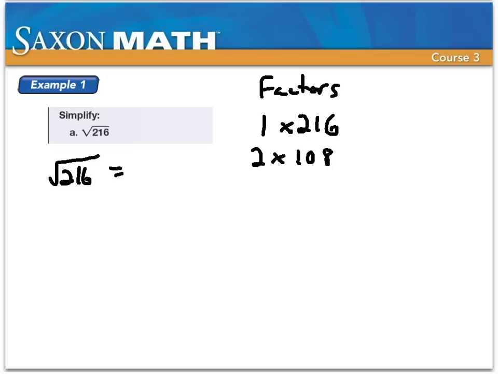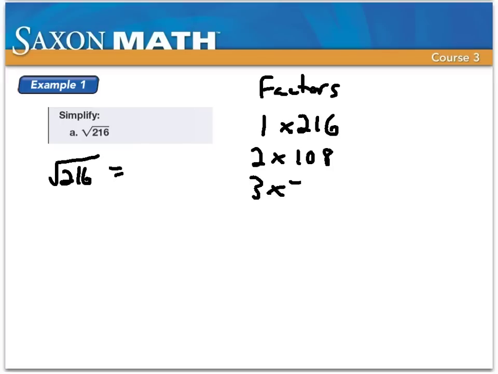Well, 108 is a number that I don't know the perfect square of. Okay, remember that big long list of perfect squares that I gave you at the beginning of the video? That will help you a lot to figure out what are some numbers that might go into 216. So I would look at those and see, okay, what numbers do go into 216. So let's see, 3 goes into 216, and we want to figure out how many times it does.